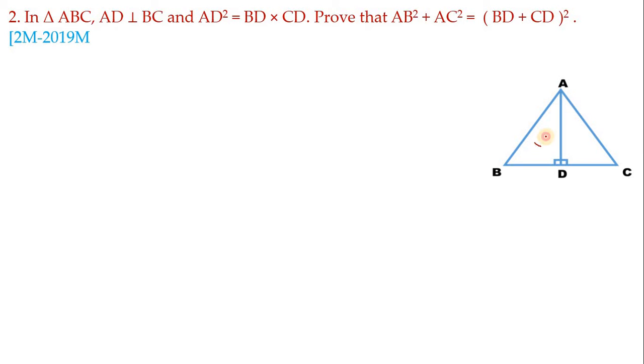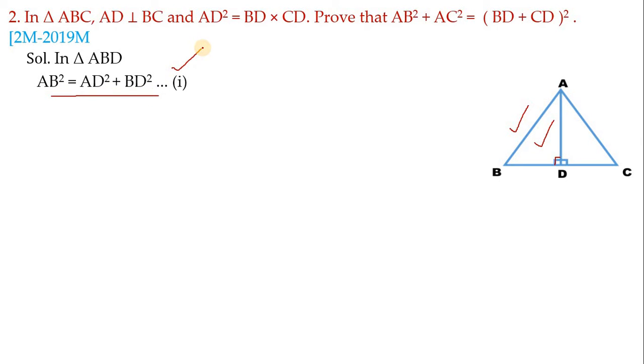As I said, ABD triangle. In ABD triangle, which is the hypotenuse? AB is hypotenuse, because this side is opposite to 90. So if you apply Pythagoras concept for this, I'll get AB square is equals to AD square plus BD square, and call it as equation number 1. And what is the reason? That is Pythagoras theorem.